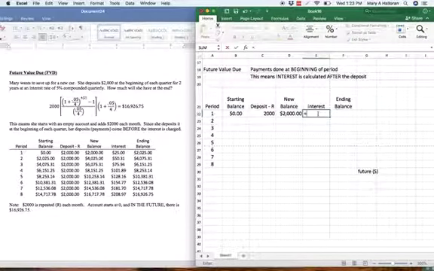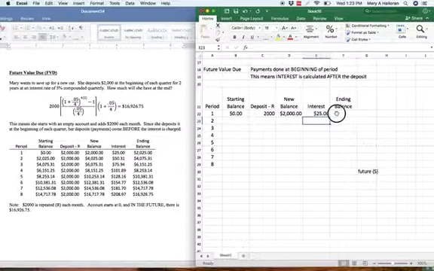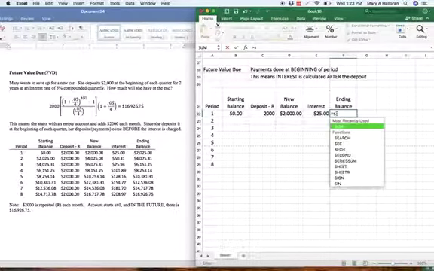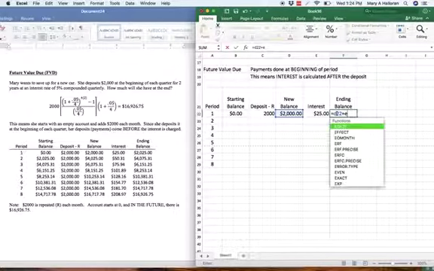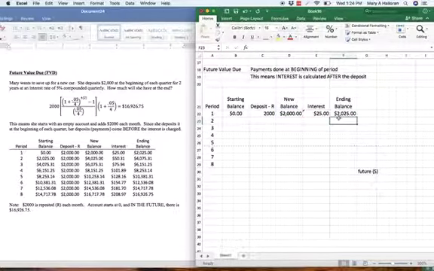And now I'm going to get that same 5% interest rate, but it's happening quarterly, so I have to divide it by 4. So I make 25 bucks in the first period. Equals the cell in there plus the amount. And there we go. So 2,025.